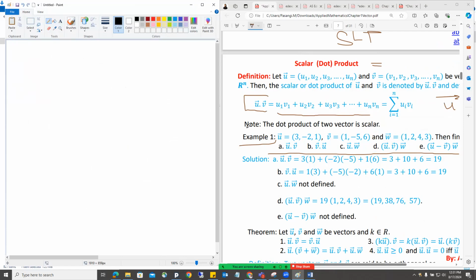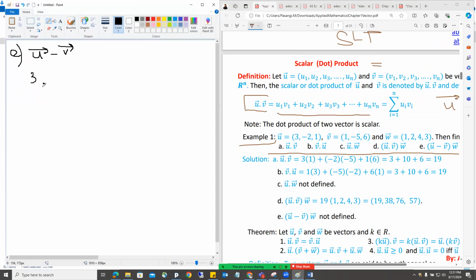Yeah. Okay, so what you have to do for the part E. First, you need to calculate U minus V vector. So how are we going to find U minus V vector?